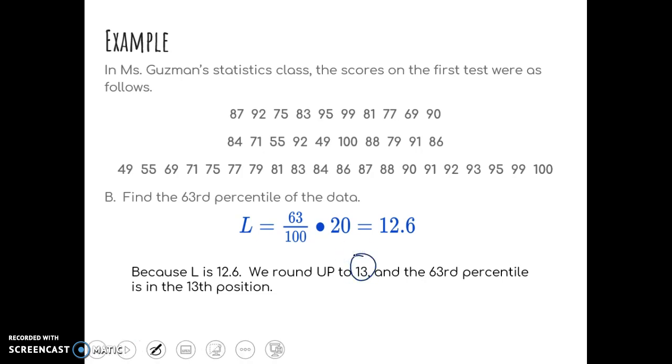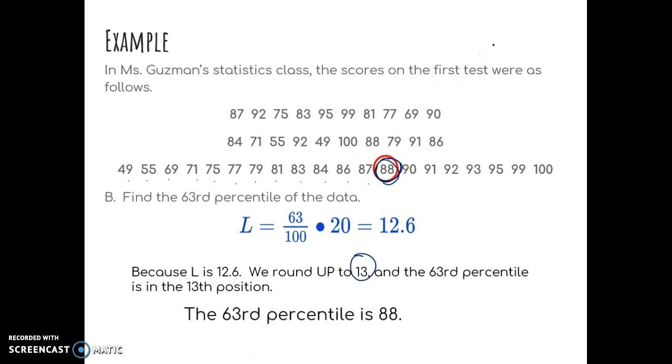And then we're going to find the number in the 13th position. So 1, 2, 3, 4, 5, 6, 7, 8, 9, 10, 11, 12, 13. Now this one's cool because you don't have to do any averaging or anything extra. 88 is our answer. So the 63rd percentile is 88.